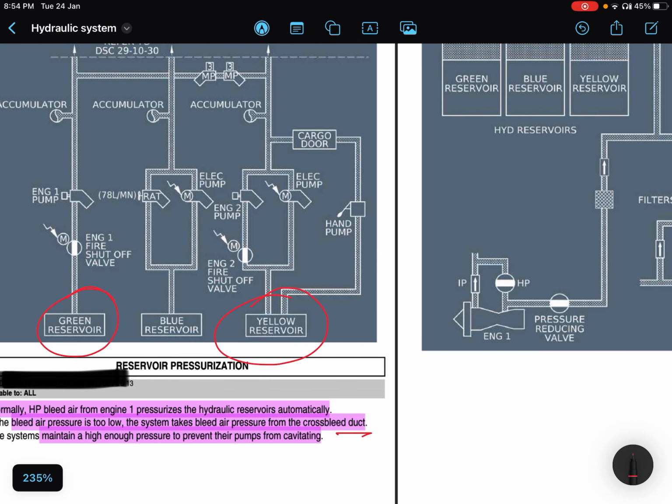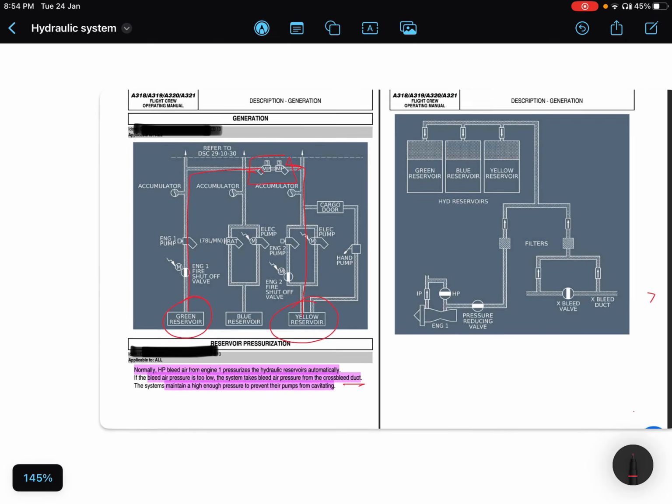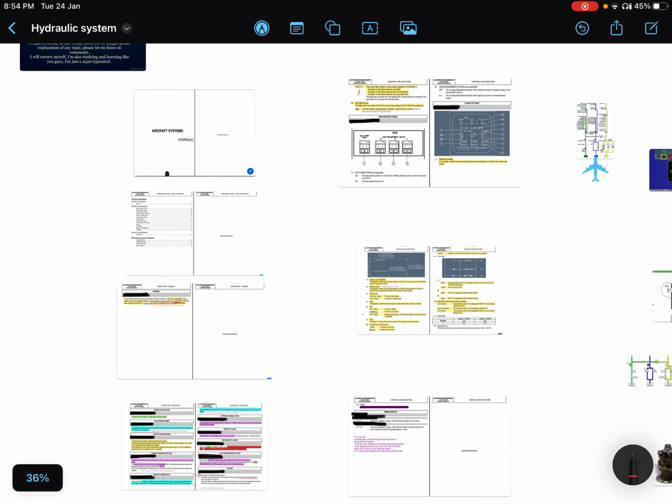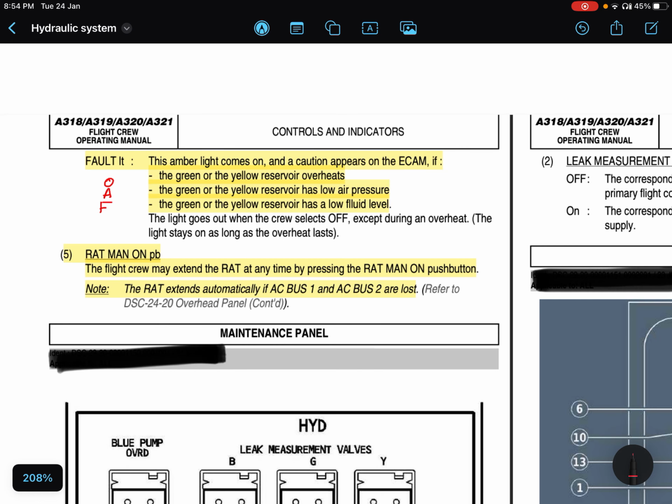These reservoirs are overheating because it is connected with these two hydraulic systems only, na? We will talk about green and yellow only. There are three reasons only, and the second reason is that green or yellow reservoir has low air pressure. Any of the reservoirs has low air pressure. Third reason, whenever any of the green or yellow reservoirs has low fluid level.